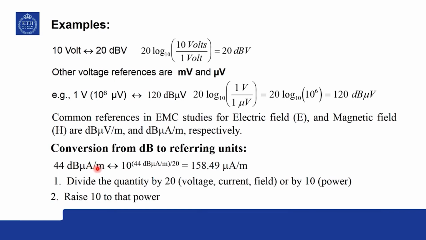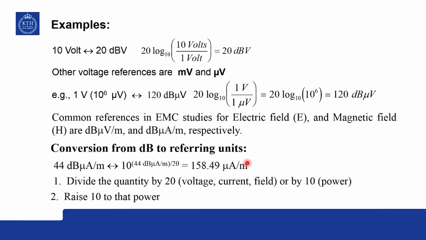So, we do the reverse of this. So, it is 10 to the power of 44 dB microampere per meter. Since it is magnetic field, we know that its definition is 20 log. So, that divided by 20, 10 to the power of that will give you 158.49 microampere per meter.